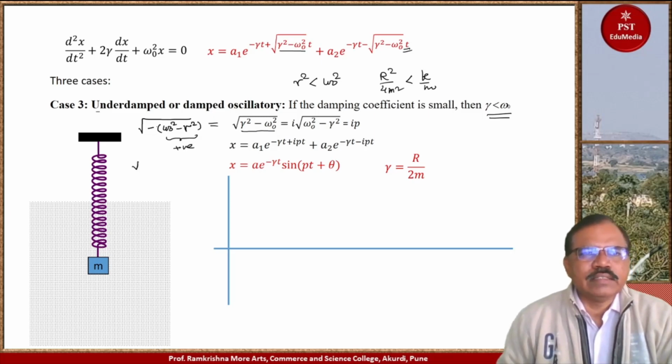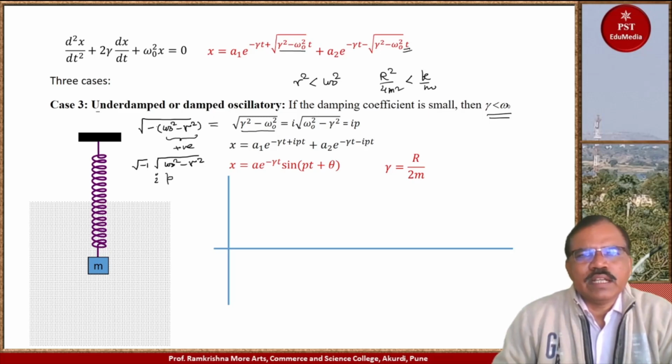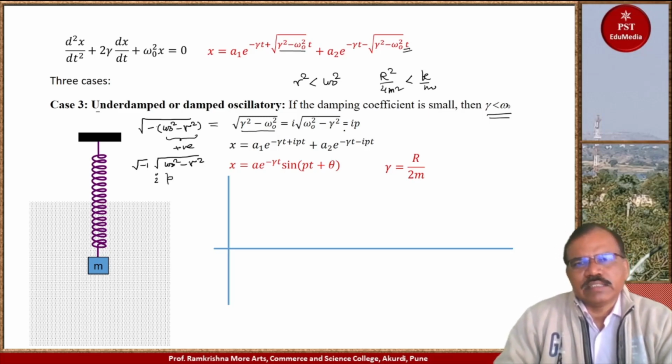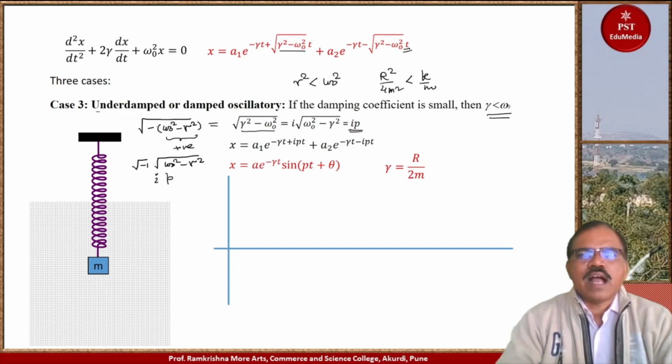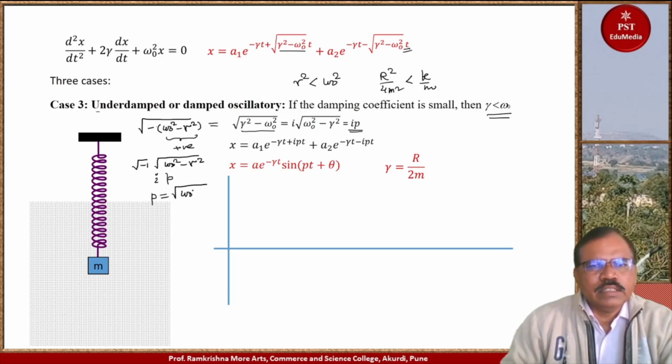So we can write this as root of minus 1 into root of omega 0 square minus gamma square. Let us call this P, and root of minus 1 is i. So here i times root of omega 0 square minus gamma square is iP, where P is equal to the square root of omega 0 square minus gamma square.